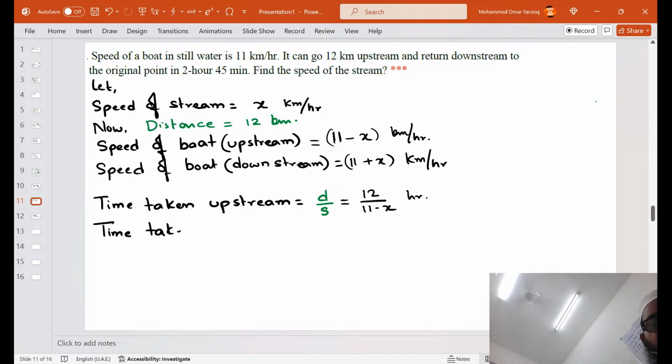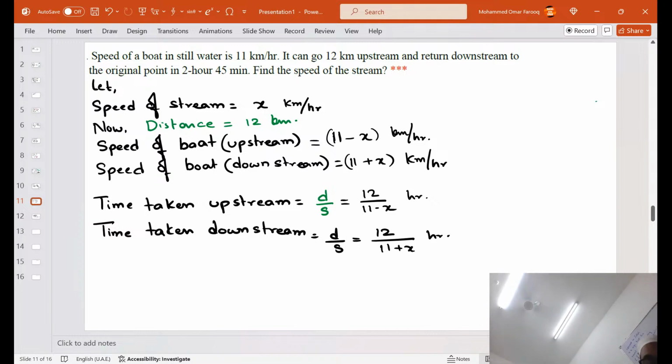Time taken downstream is equal to same distance by speed. Distance downstream also 12. And what is speed? Speed is 11 plus x hours.